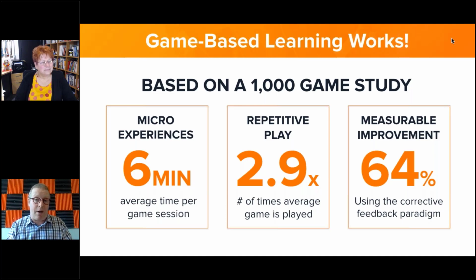So that's the corrective feedback paradigm, recycling it, if you will. We're seeing a measurable improvement of 64% when it comes to comprehension of the material. And that's critical, right? They're spending little time, 6 minutes, they're coming back and playing upwards of 3 times, and they're getting a much better level of comprehension, ultimately retention as a result.